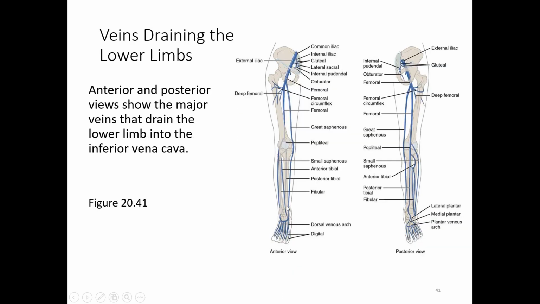So the main vein that collects blood from the legs would be femoral vein. And also pay attention to the great saphenous vein. Here it is. It's the longest blood vessel of the body. Blood from them goes to common iliac vein, which enters into inferior vena cava.